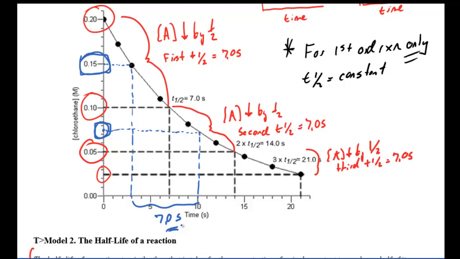Now, you may have heard of this idea of half-lives before, and it might have been in the context of radioactive decay. As it turns out, many radioisotopes decay according to a first-order reaction.